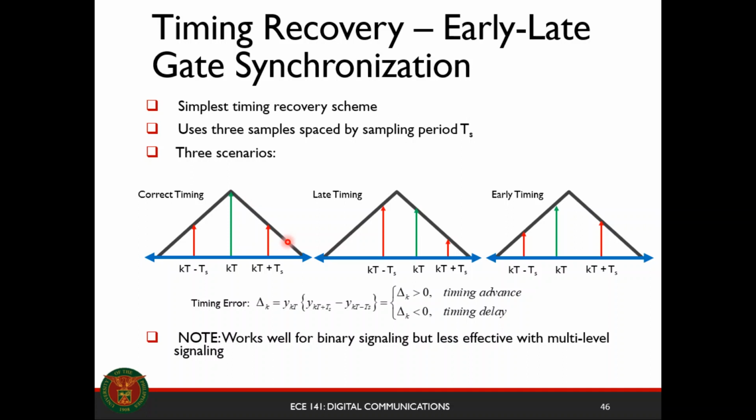Now, this simple timing recovery scheme works well for binary signals but is less effective with multiple level signaling, because your delta K will become proportional to the level of your symbols, so it would always adjust accordingly.